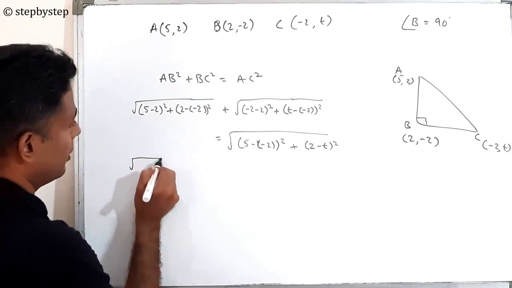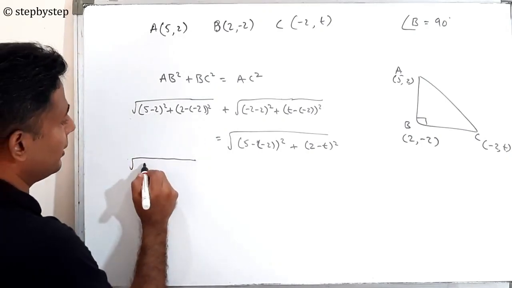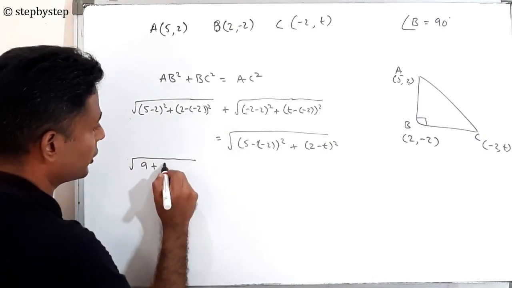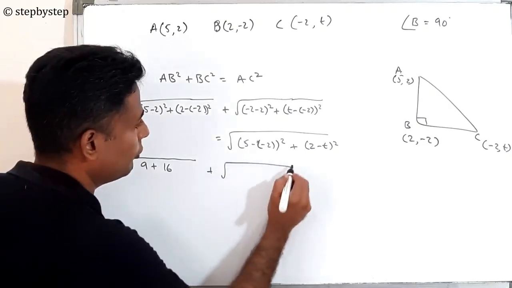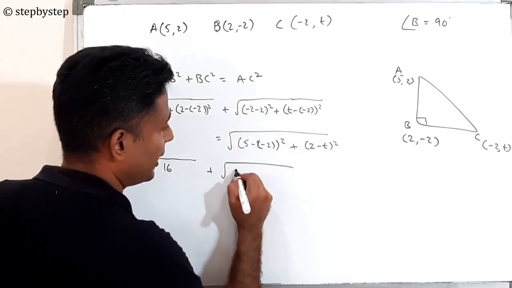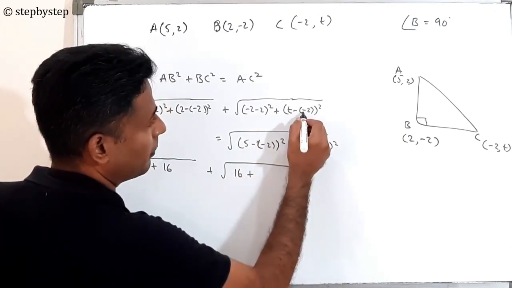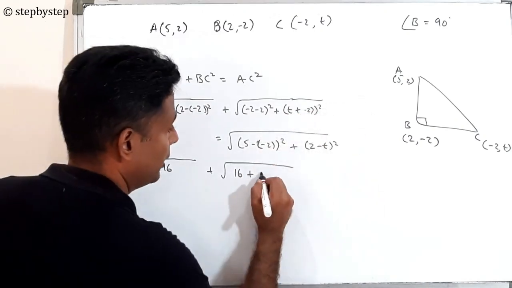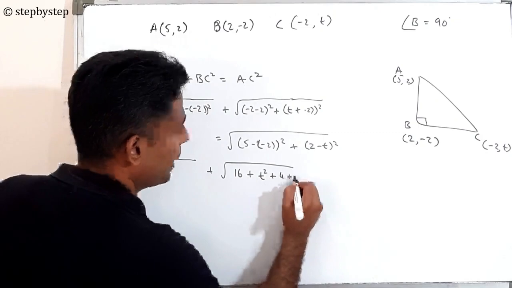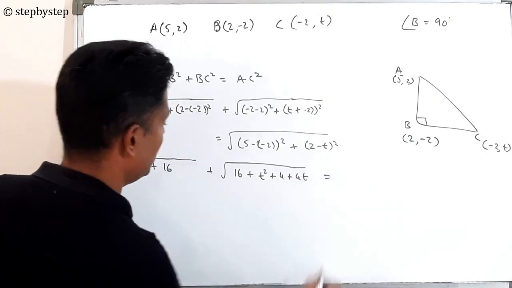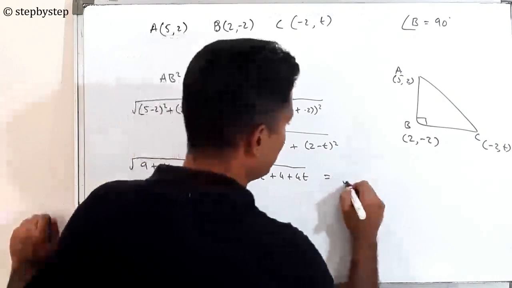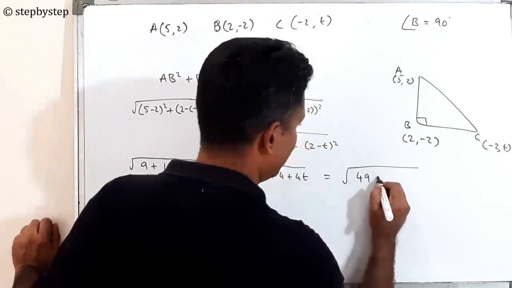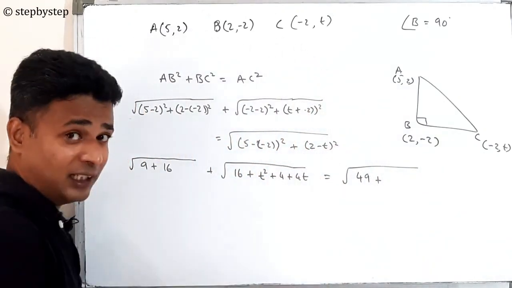So root of 5 minus 2, 3, 3 square is 9, plus 2 minus of minus 2, plus 2, so 2 plus 2 4, 4 square is 16, plus root of, okay, minus 2 minus 4 whole square plus 16, plus T minus of minus 2 becomes T plus 2 whole square, A plus B whole square formula. So T square plus 4 plus 4T. This should be equal to 5 minus of minus 2, 5 plus 2 7, 7 square is 49, plus 2 minus T whole square, A minus B whole square formula.